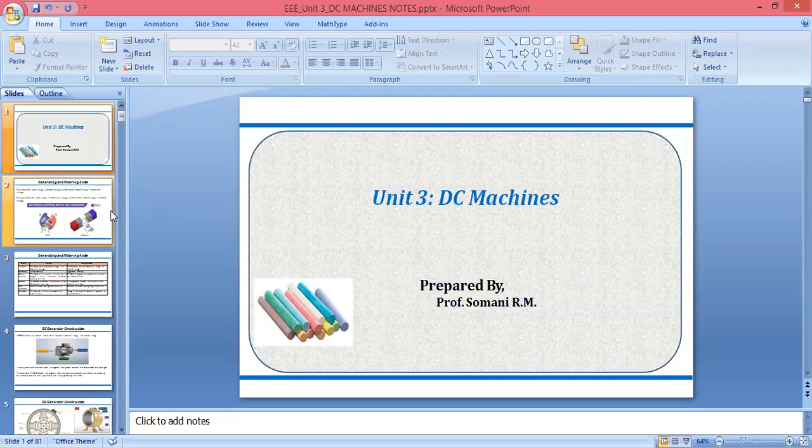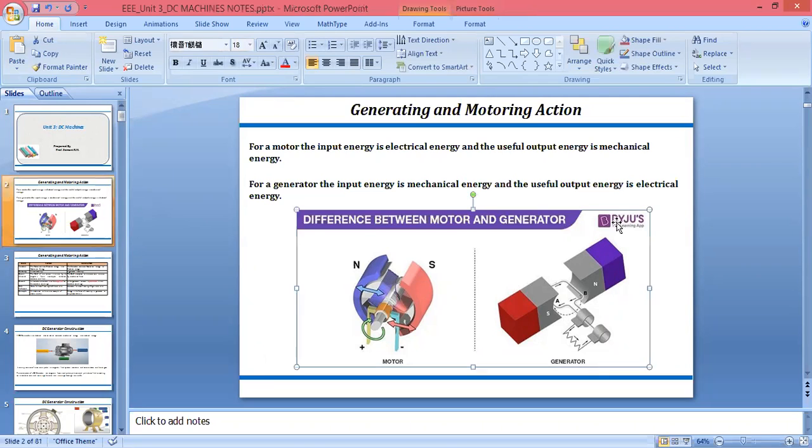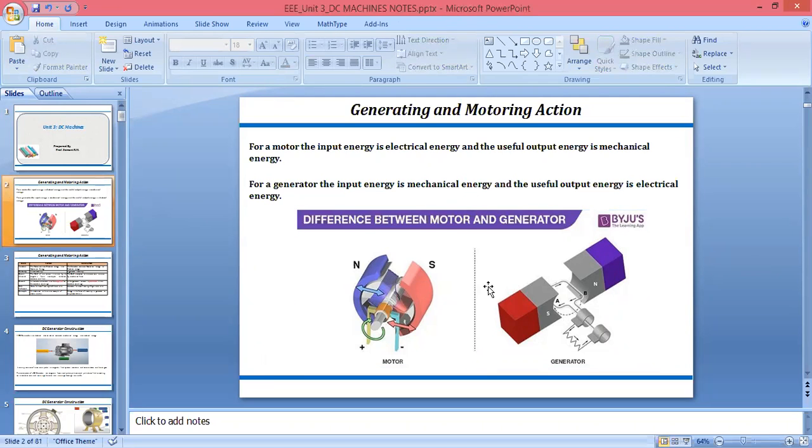Actually, if you see the constructions of the DC motor and the DC generator, this is the motor and this is the DC generator. What we are doing here is converting mechanical energy into electrical or electrical into mechanical.